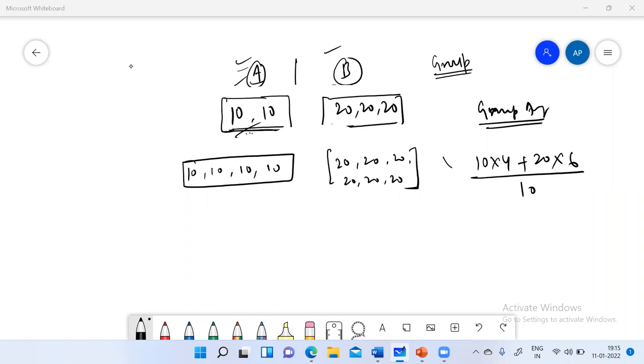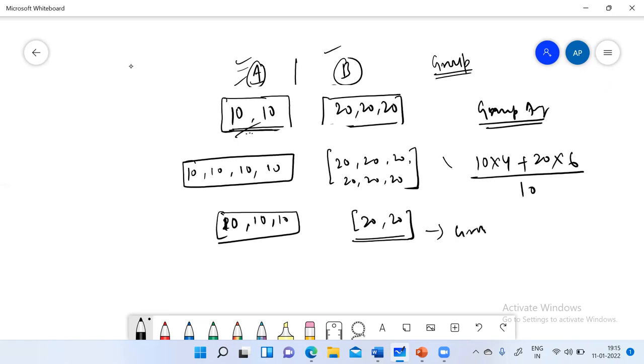Like if there are 3 students in A whose average is 10 and just 2 students in B whose average is 20, what will be the group average value? If you're not understanding anything, you can calculate it the simple way. 14. Yes, sir. 10 into 3 plus 20 into 2 divided by 5, which is 70 by 5, 14.